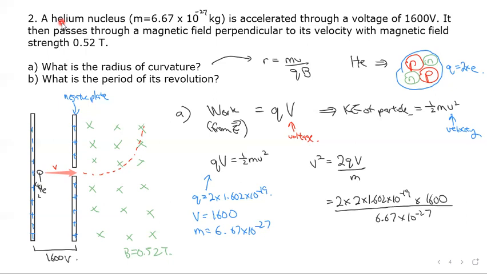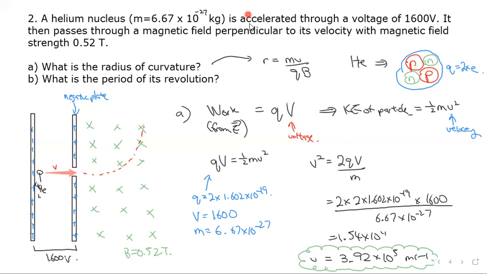That gives us an answer of 1.54 times 10 to the 11. So of course, v is the square root of that, which then gives us an answer of 3.92 times 10 to the power 5 meters per second. All right. So having now got a velocity of 3.92 times 10 to the 5 meters per second, we can then sub that into this formula here.